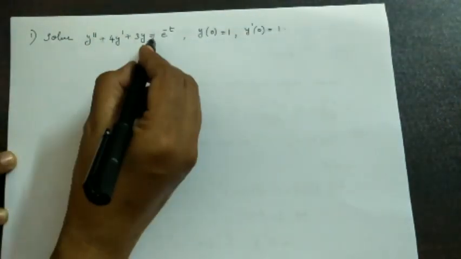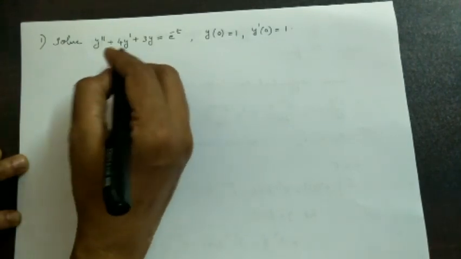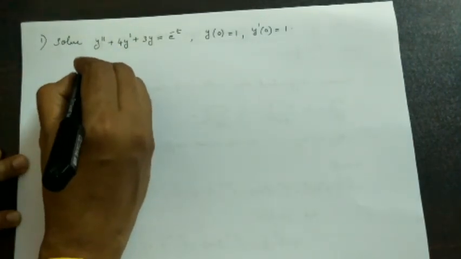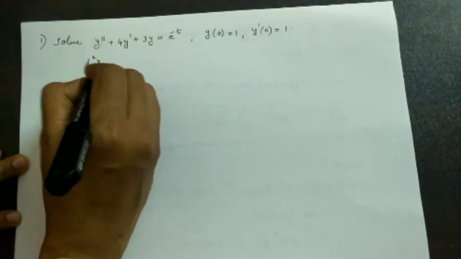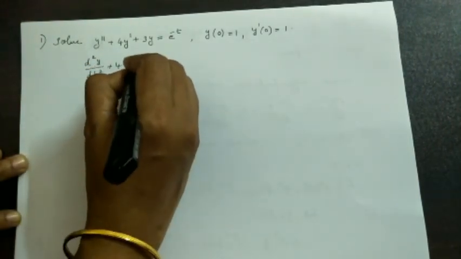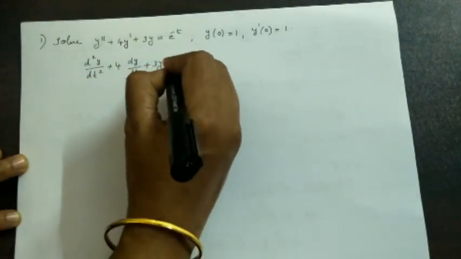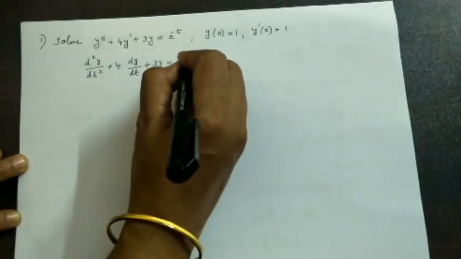Now here the given linear differential equation can be rewritten as d square y by dt square plus 4 dy by dt plus 3y is equal to e raised to minus t.